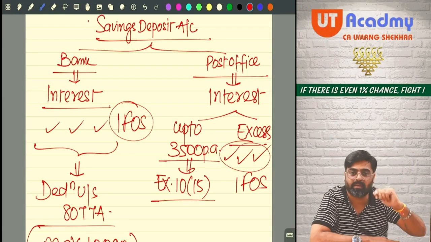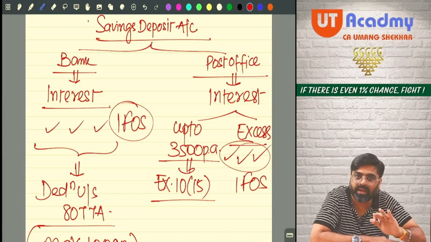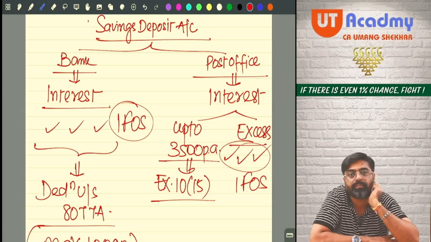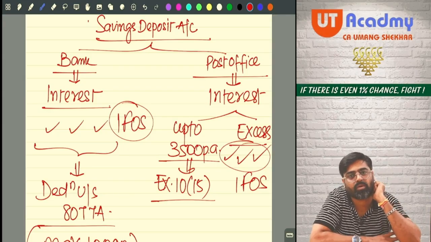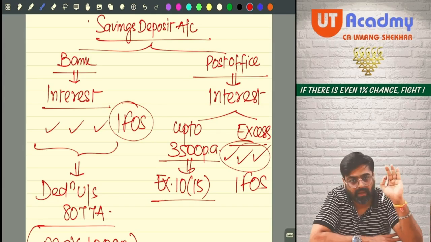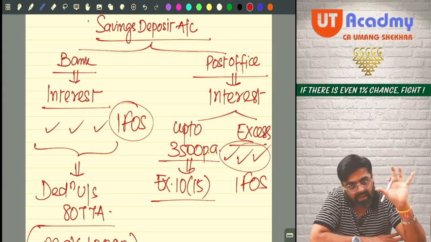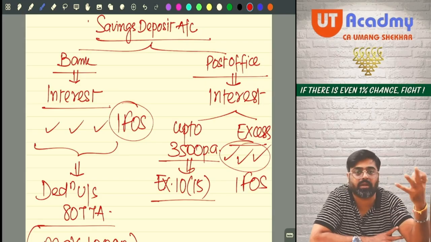Only the excess over 3,500. For example, your interest was 15,000. Out of that, 3,500 you have taken as exempt. So only 11,500 remains. That 11,500 you will show taxable under the head IFOS.